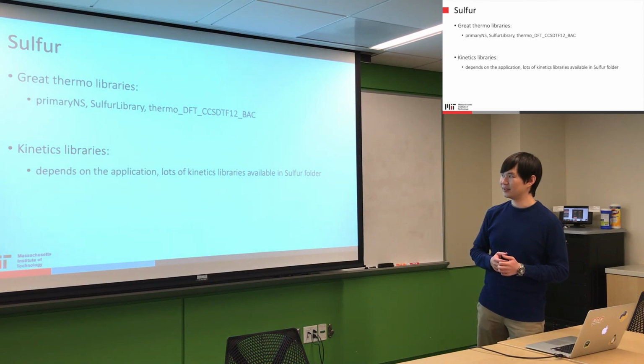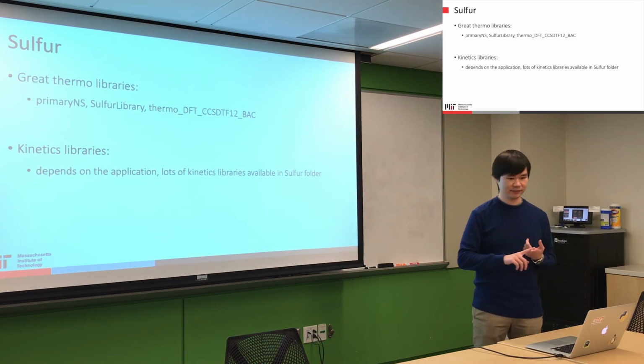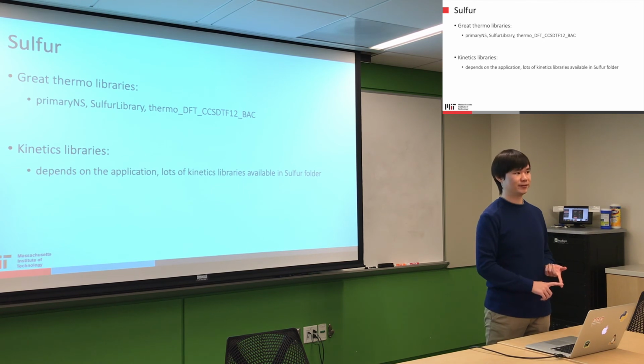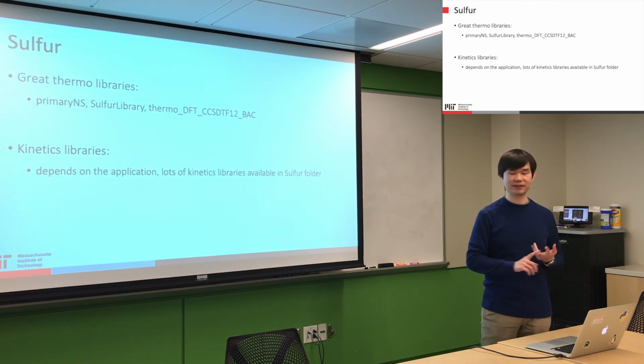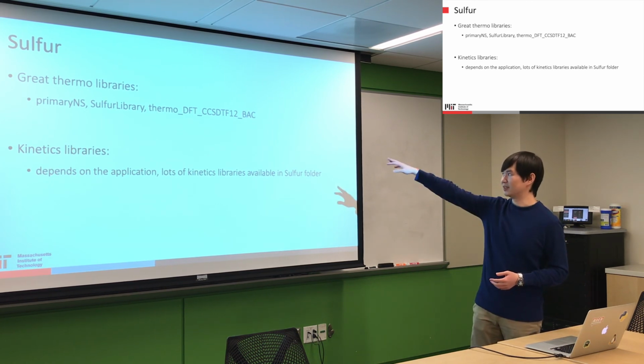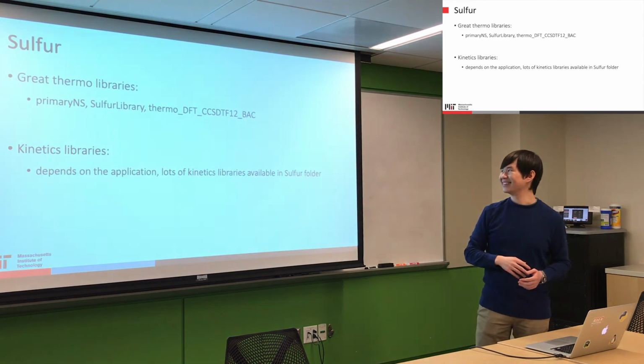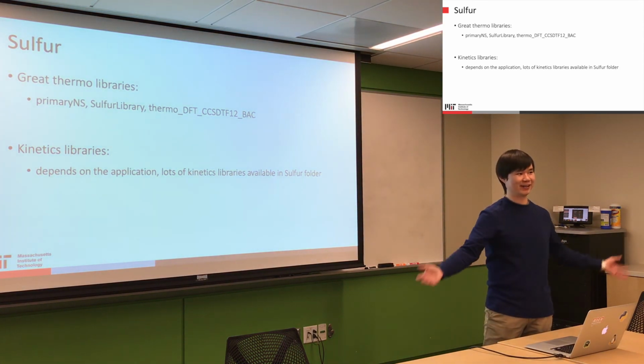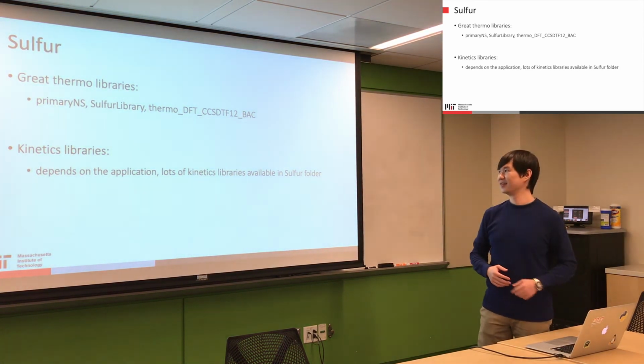So most of these libraries are either from a specific paper or a specific mechanism from literature, or calculated by one person from our group. Thermo DFT, CCSD, etc. is from a set of calculations that someone from our group did, I think.